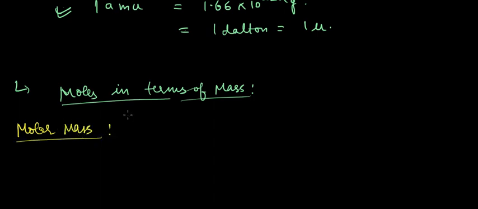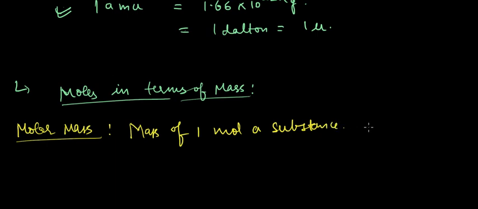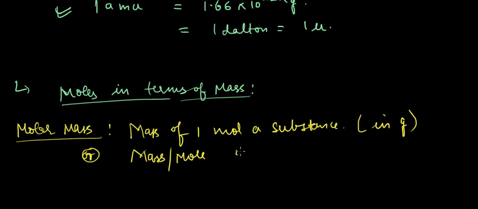So molar mass is the mass of 1 mole of a substance, in grams obviously. Or you can say alternatively that mass per mole of a substance is molar mass.